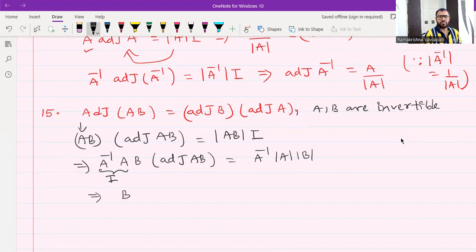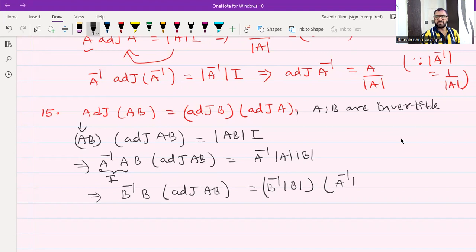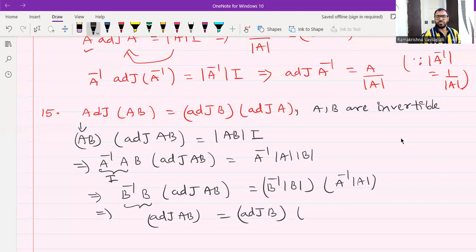So B inverse into B, adjoint of AB. On the right side, B inverse into det B and A inverse into det A. Again, this becomes an identity matrix. So you will get adjoint of AB equal to adjoint of B into adjoint of A.